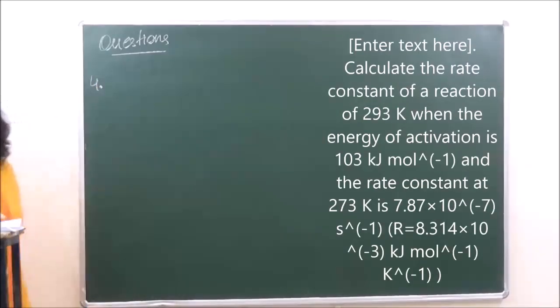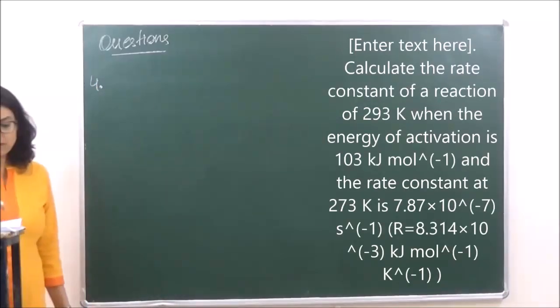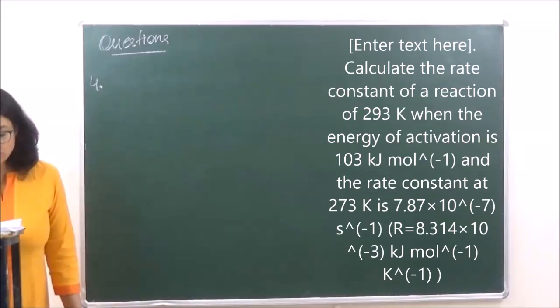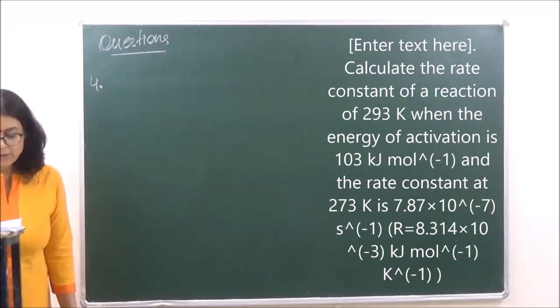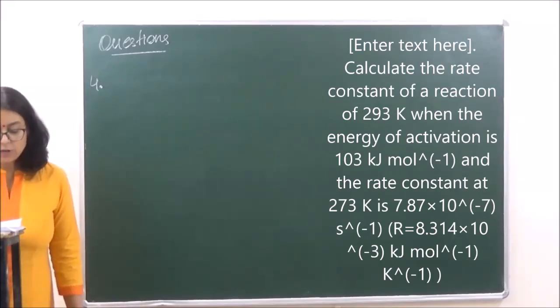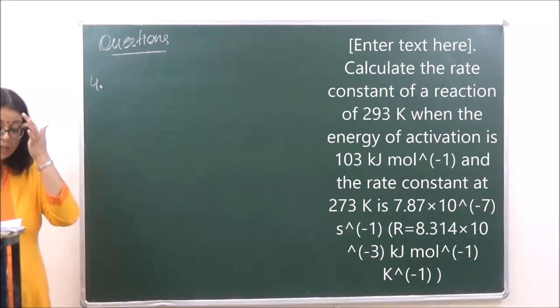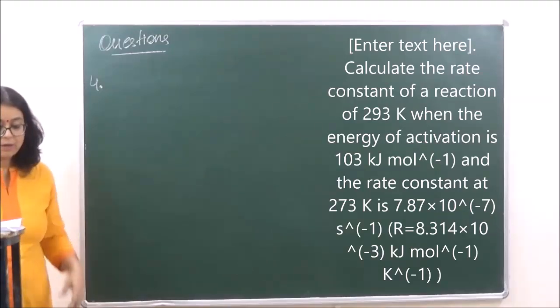Question number 4 is: calculate the rate constant of the reaction at 293 Kelvin when the energy of activation is 103 kilojoules per mole and the rate constant at 273 Kelvin is 7.87. So in this we have to calculate the rate constant at 293 Kelvin. Okay.